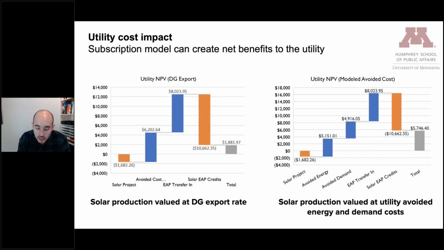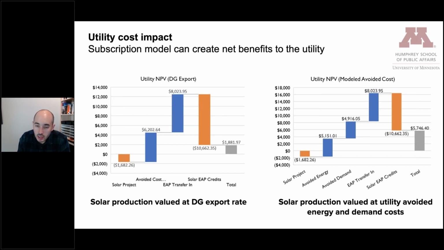I think for a pilot project to be successful, we have to demonstrate that this is administratively feasible, but I think really important in this context that for the utilities that are participating, they're not being made worse off, that there isn't what some utilities would call cross-subsidization created by these programs, that if energy assistance customers are being made better off, it's not at the expense of other customers, that it really is a way to create new value streams, not just shift value among customers. And so part of our analysis is also a check on that.